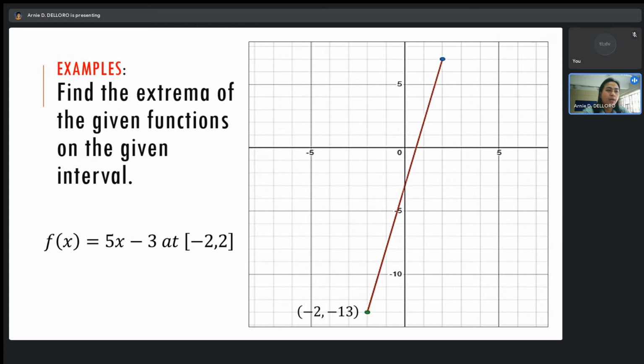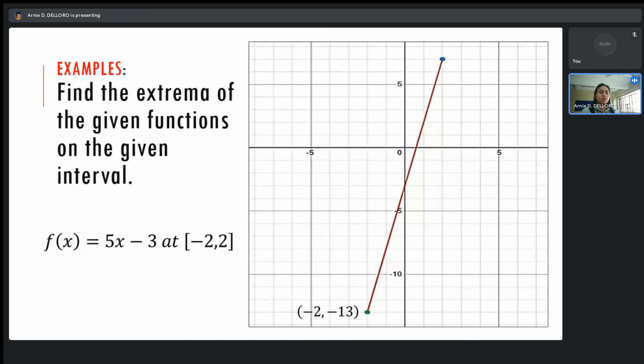Ma'am, paano nakuha yung -13? All you have to do is to substitute these values, yung -2 and +2, to the given function. Para ma-identify nyo. Kasi di ba kanina, ang hinanap ninyo ay critical points.